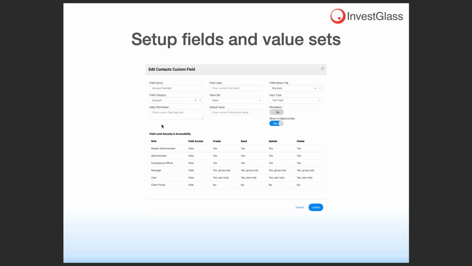So you can set up the fields and the value sets. A field is going to be, for example, first name, last name, account number, tax number, polo club affiliation, and the value sets are going to be a list of countries, a list of clubs, a list of securities, for example. It is very helpful.